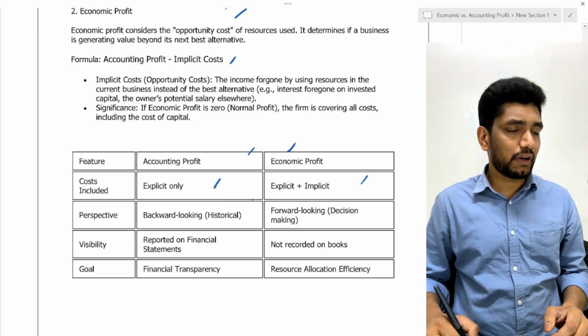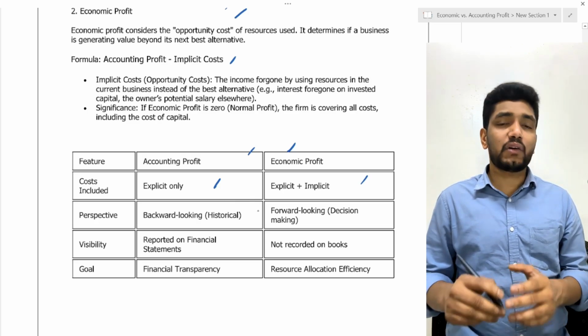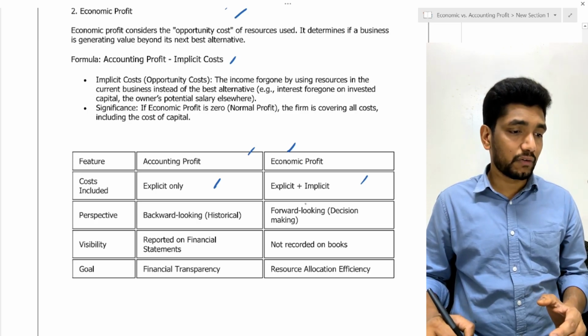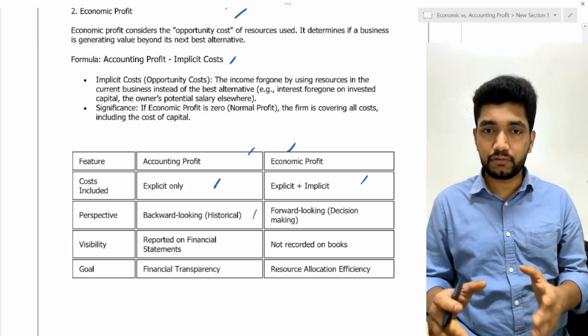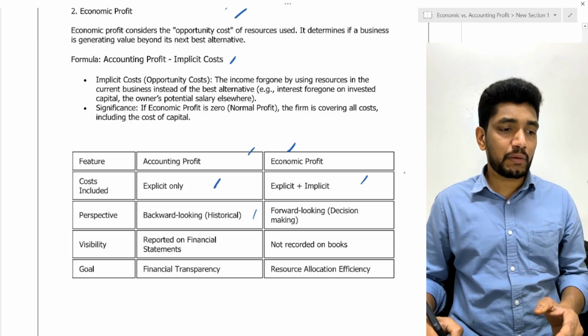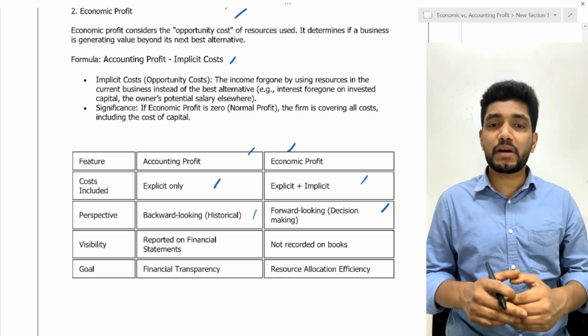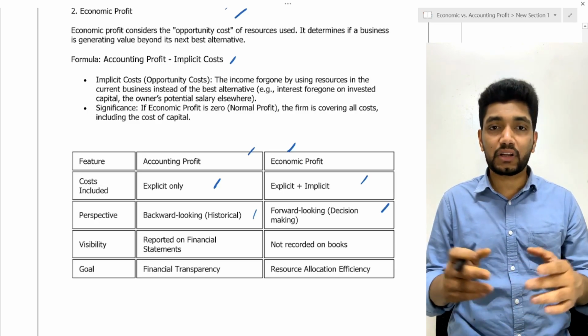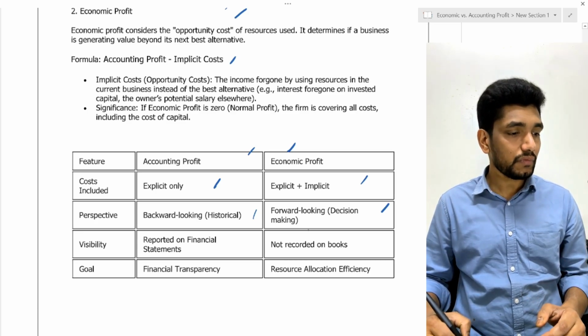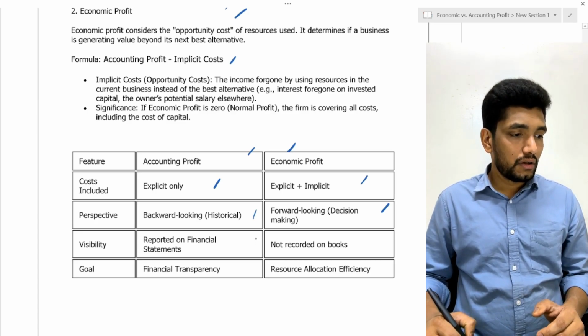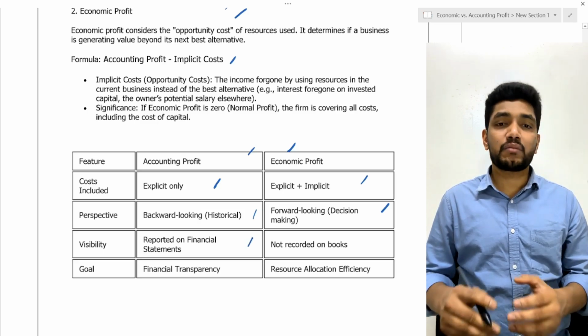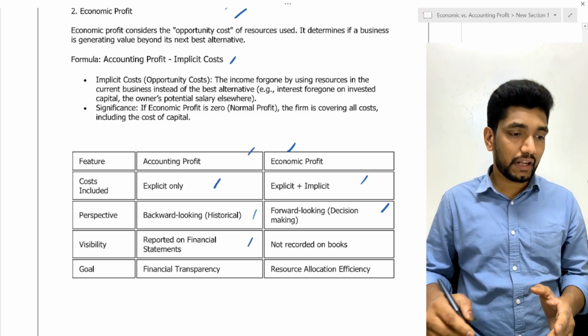Again, in terms of perspective, accounting profit is normally backward looking. It looks into historical performance. But economic profit is forward looking and helps the owners or management to make various decisions. On visibility, accounting profit is recorded and reported in the financial statement.